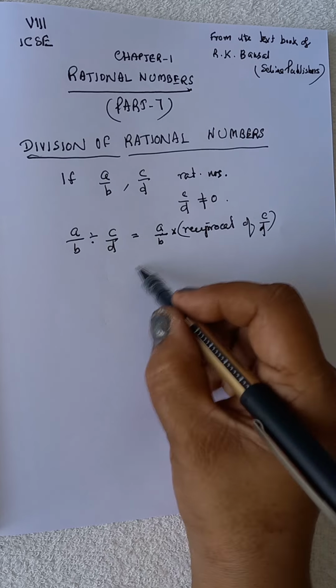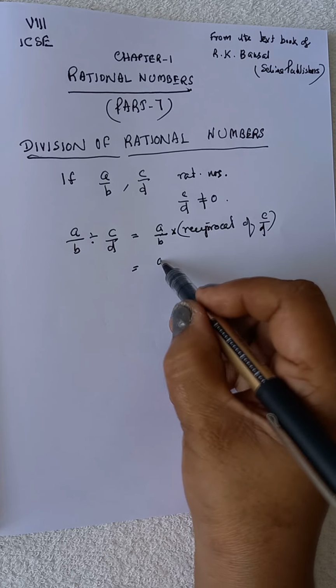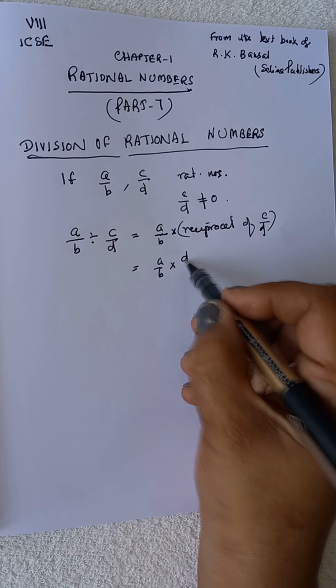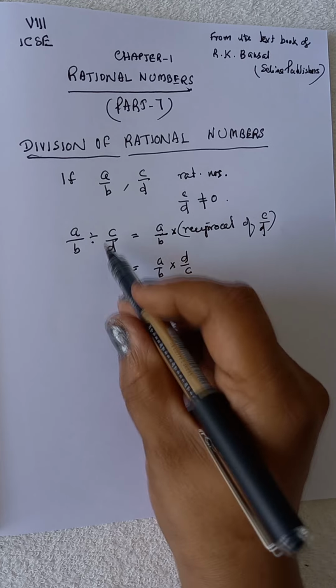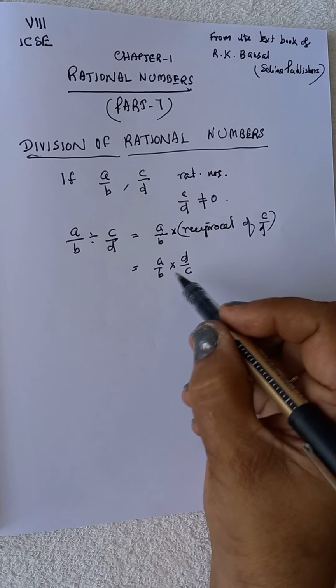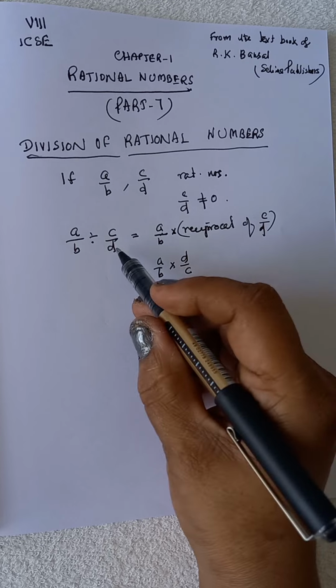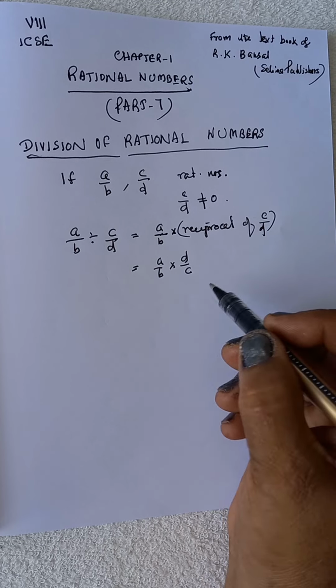That is D by C. That is, A by B divided by C by D is equal to A by B into D by C.